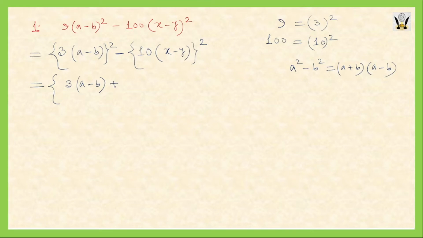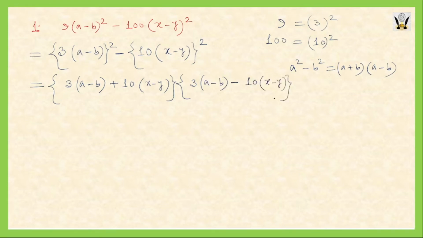So plus 10 multiplied by x minus y, and then multiplied by the factor of the format a minus b. Here again 3 multiplied by a minus b, the whole thing is our a, and then minus b, so minus 10 multiplied by x minus y.